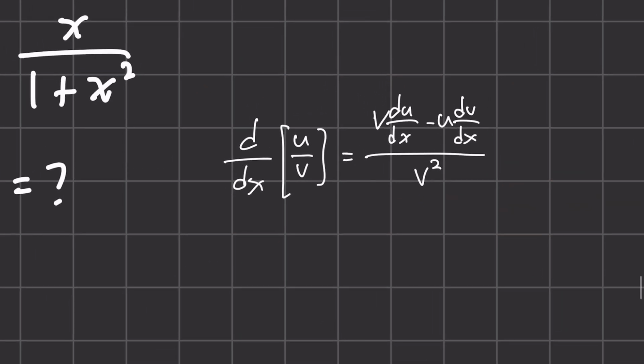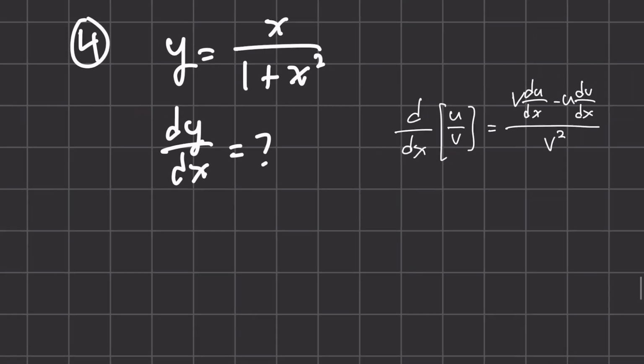Anyways, it states that the derivative of two functions being divided together, u divided by v in this case, is equal to the function v times the derivative of u minus the function u times the derivative of v all over v squared. And so we can simply just apply that here.